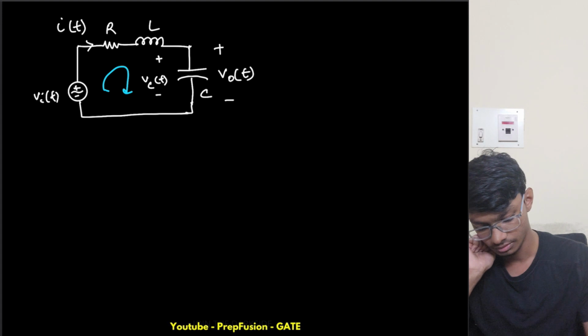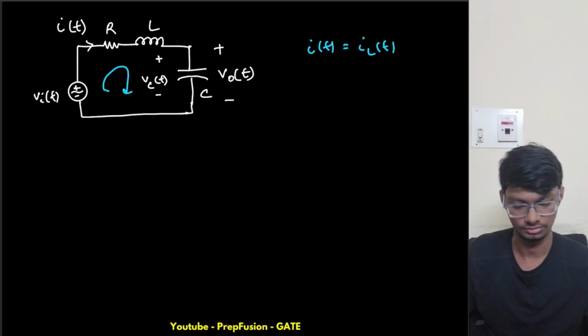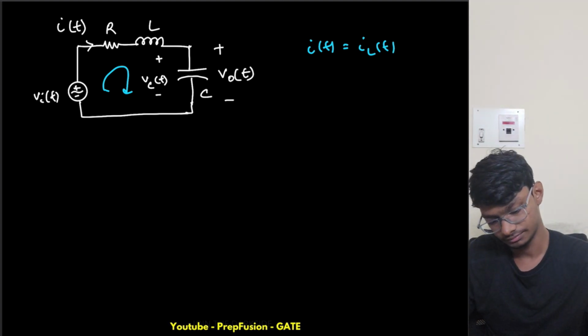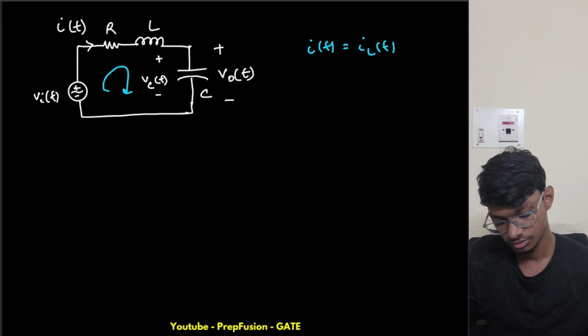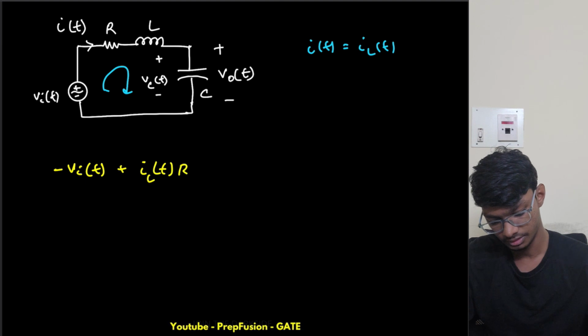So the first equation I know: I of t equals IL of t. Again applying the KVL, what do I get? I get minus Vi of t plus IL of t R plus L dIL of t by dt.